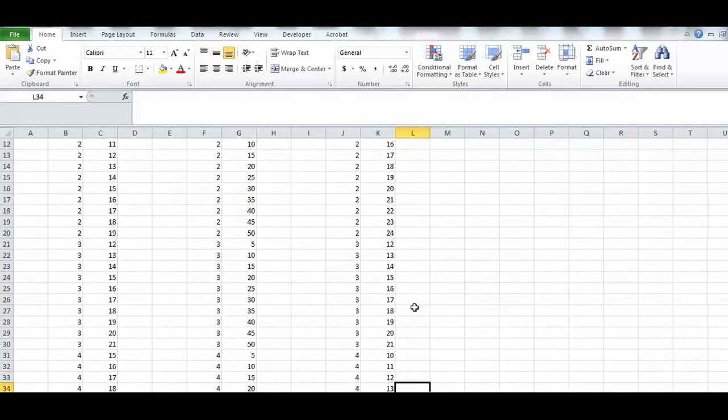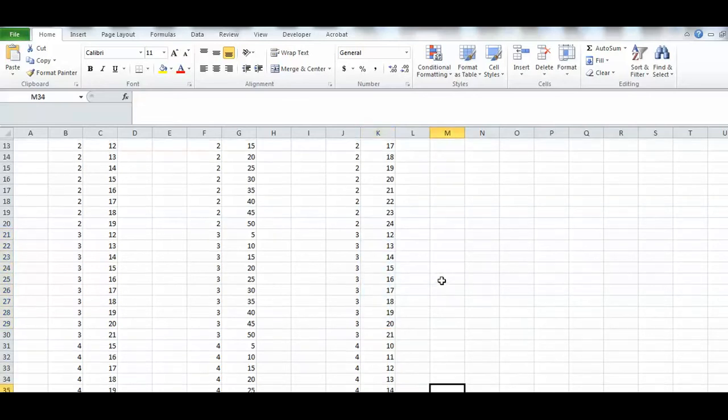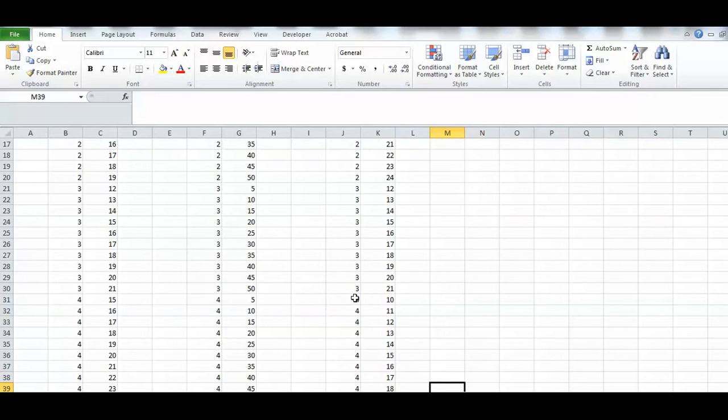And these 10 people with 3 children, they're all working between 12 and 20 hours per week. So we're starting to see some numbers that are even lower than we've seen before. And these 10 people who have 4 children, all of them are working somewhere between 10 and 19 hours per week.